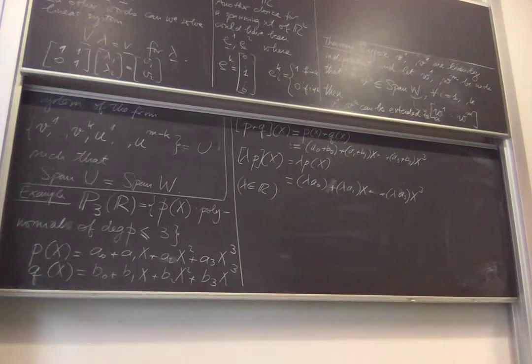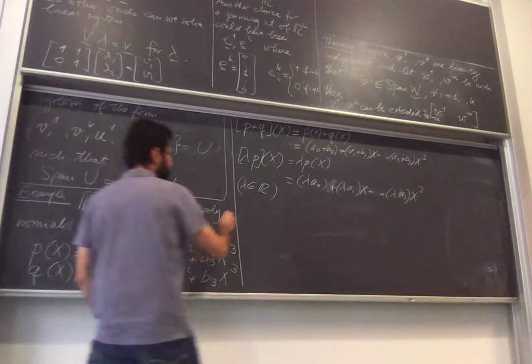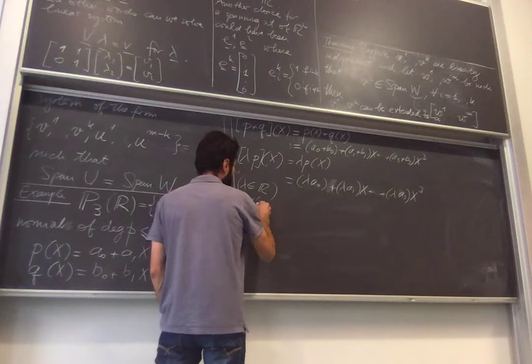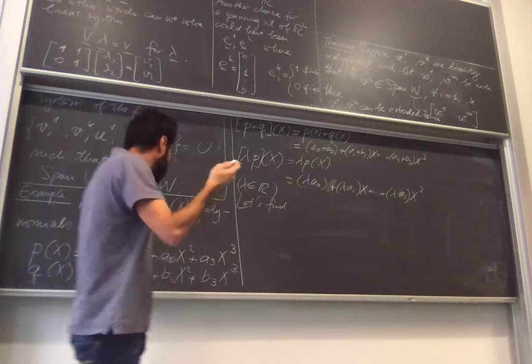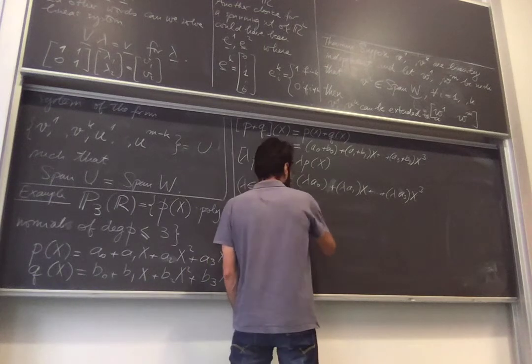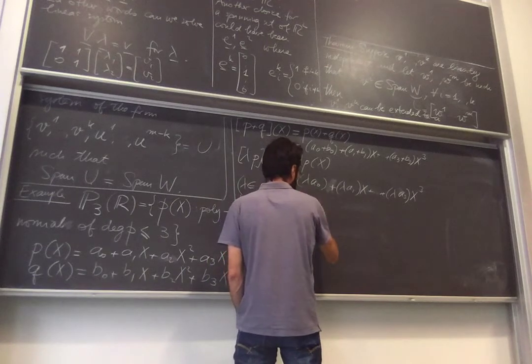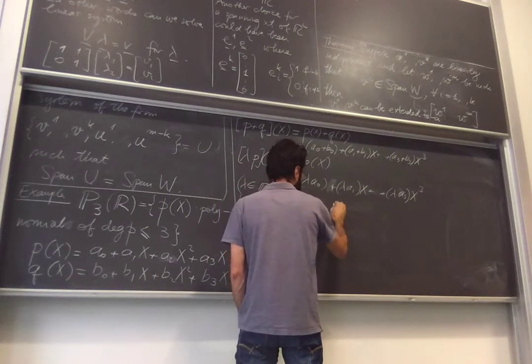So let's find the spanning set for this vector space. Now that we know that it's a vector space, let's try and find a spanning set that is finite. I don't know if it's possible, but let's find, I'm going to call them P1 all the way to Pn.